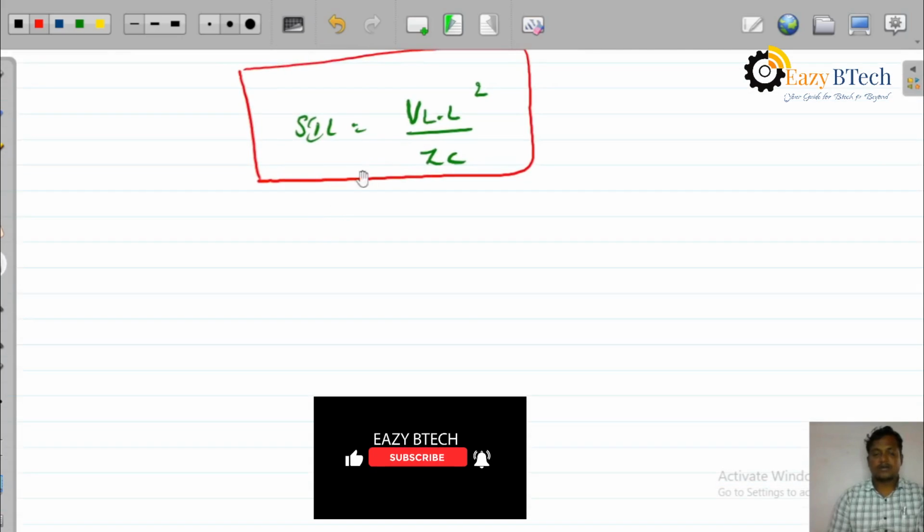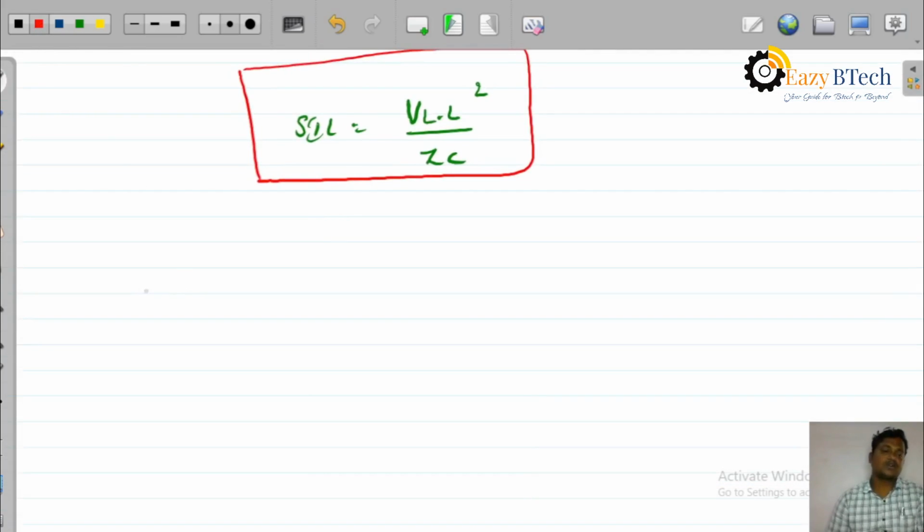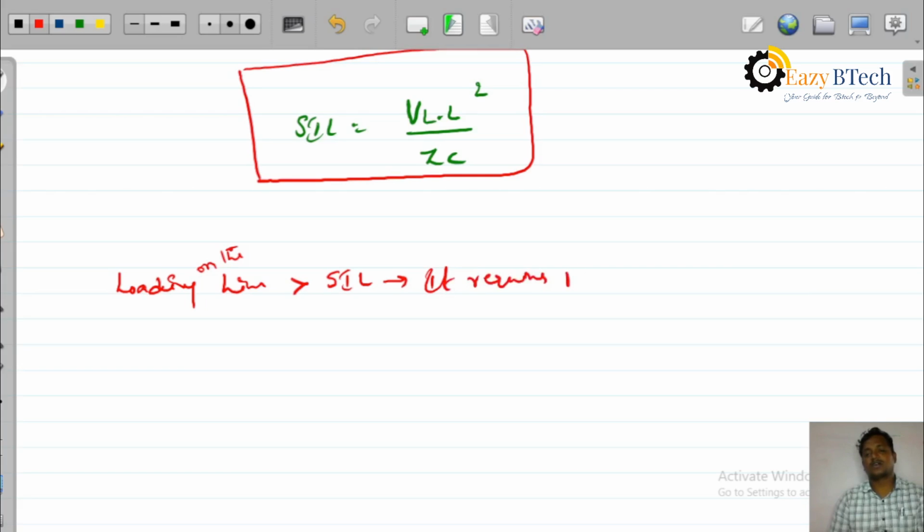With the information given, if the actual loading on the line is greater than the surge impedance loading, then it requires reactive power, and we have to connect shunt capacitors.